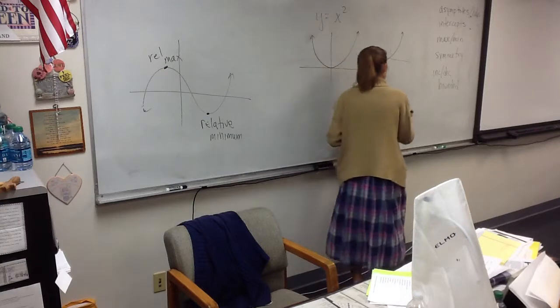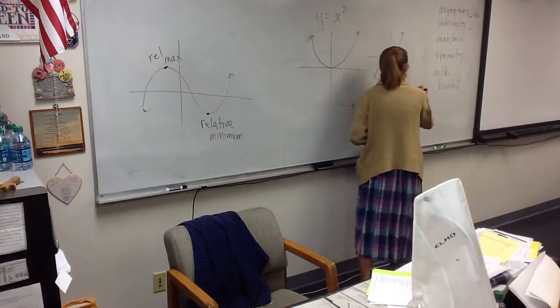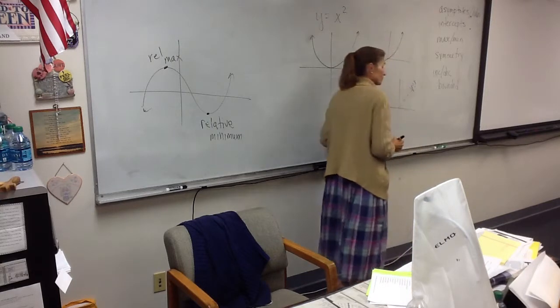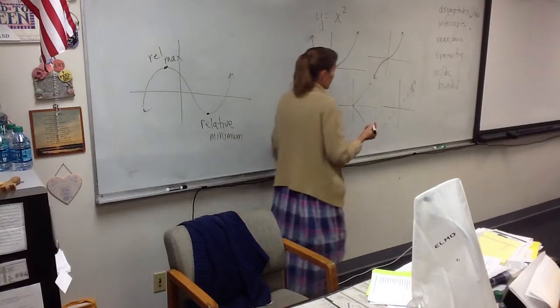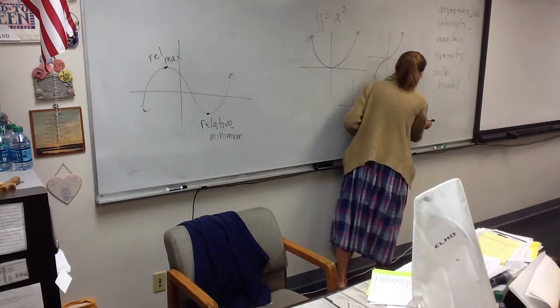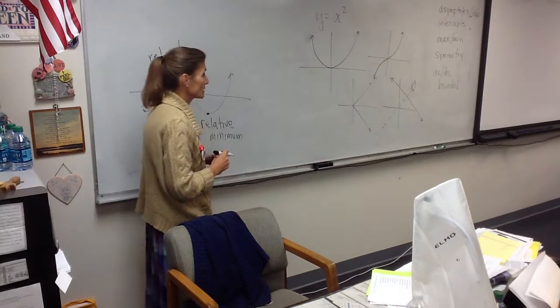And some things have symmetry about the identity line, the line y equals x. So an example of that might be this line right here. This line has symmetry about the line y equals x.